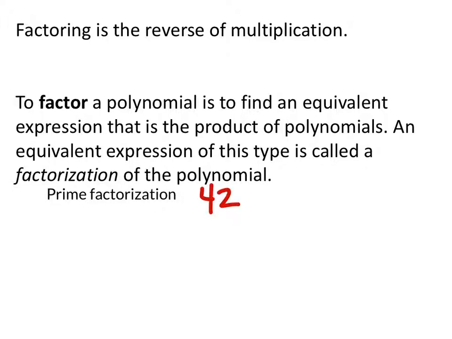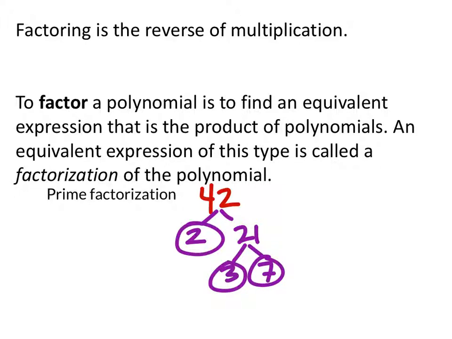We would split this up using a factor tree, which we can still use when we're factoring this stuff out. You notice it's even, so we know it's divisible by 2, and then 21, which is also factorable into 3 and 7. So 42, its prime factorization, 2, 3, and 7, would all be multiplied together to get 42.